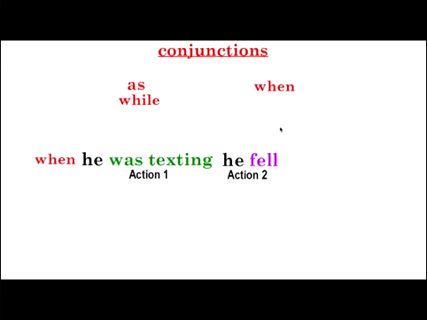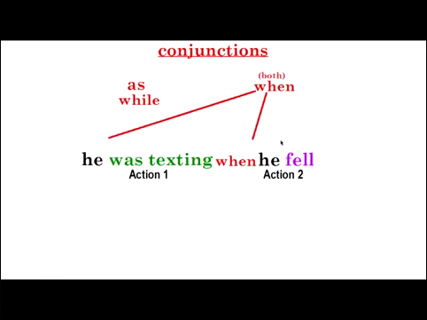Okay? But I can use when also for the second action. I can say he was texting when he fell. So remember, when I use when, I can use it in both places. I can use it with my first action, past continuous, when he was texting he fell, or I can use it with my second action, the simple past, and I can say he was texting when he fell. Okay? Good.